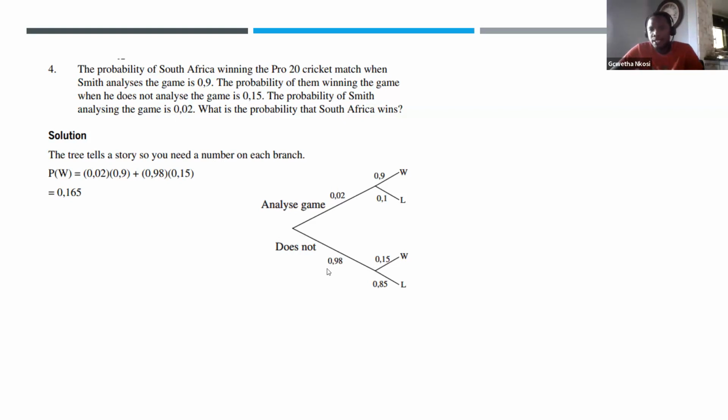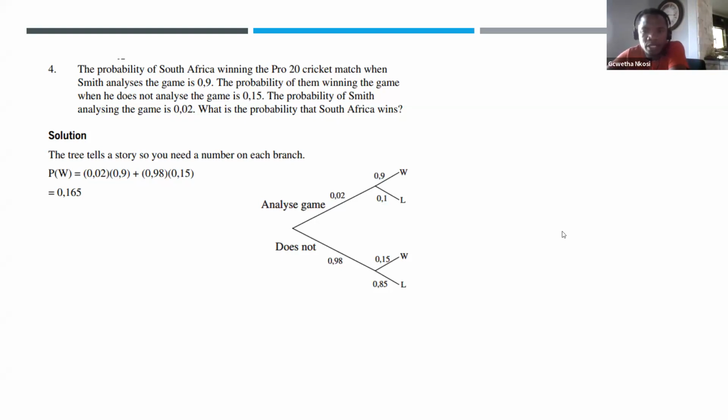It doesn't analyze the game, you give the arm. Remember, does not, it comes from analyzing. So you just say 1 minus this 0.2. Remember that formula at the top of our slide: if you want to find the complement, it should be 1 minus the probability.